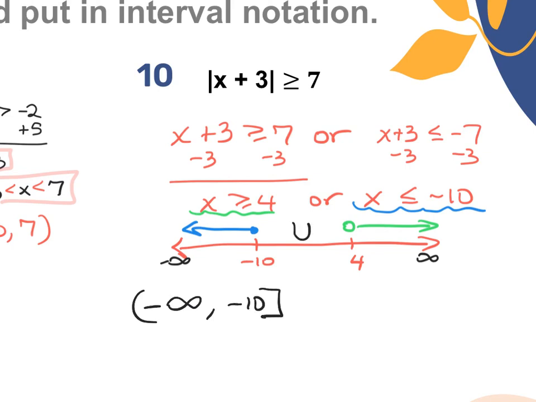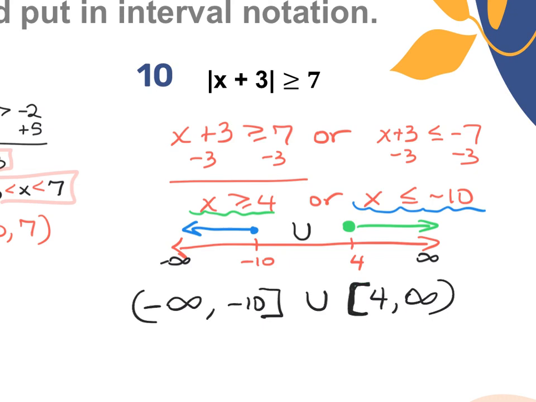The little hole here is the union. Parenthesis 4, because it's an open circle, to infinity. Wouldn't the 4 be a closed circle? Yes, thank you. Why did I do that? Good catch. It is a closed circle, so this is also a bracket. I don't know why I graphed it with an open. There you go. Thank you.